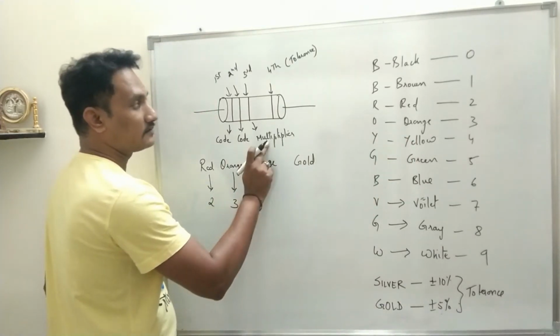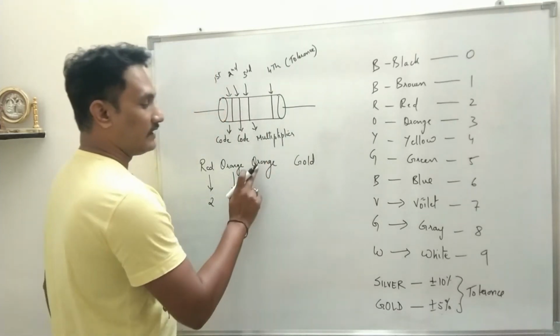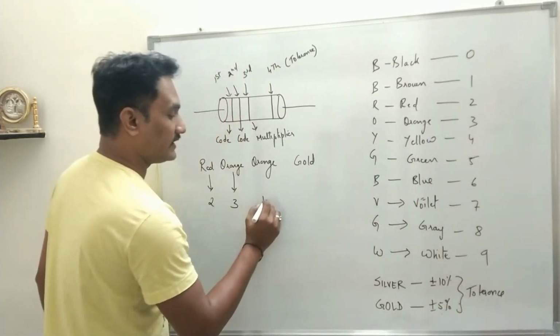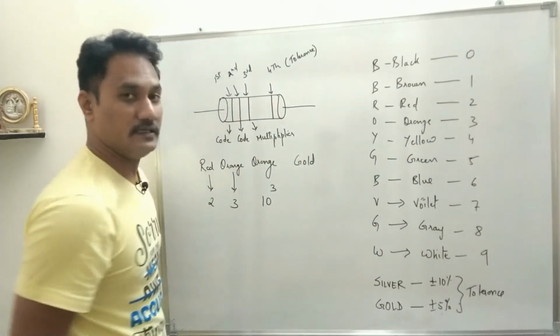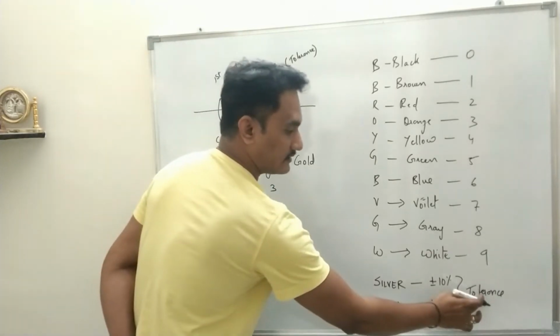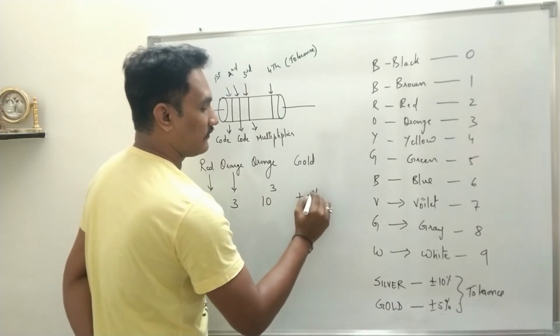For the third band you have to write the multiplier, and the third band is again orange, which is 3, so it will be 10 to the power 3. This is how you have to write. And what is gold? Gold indicates the tolerance, which is plus minus 5%.